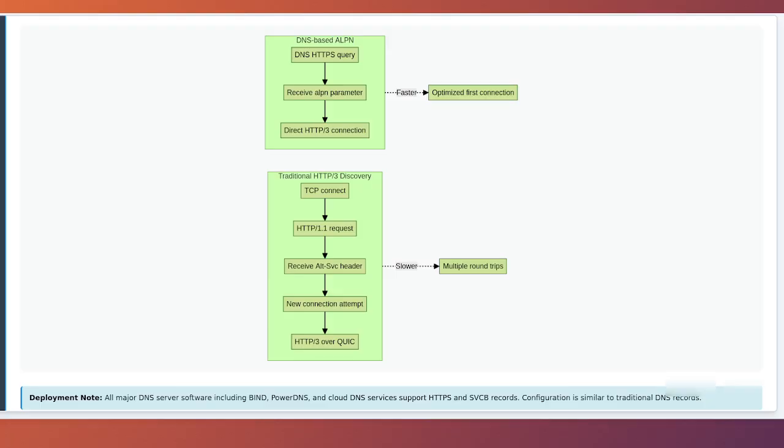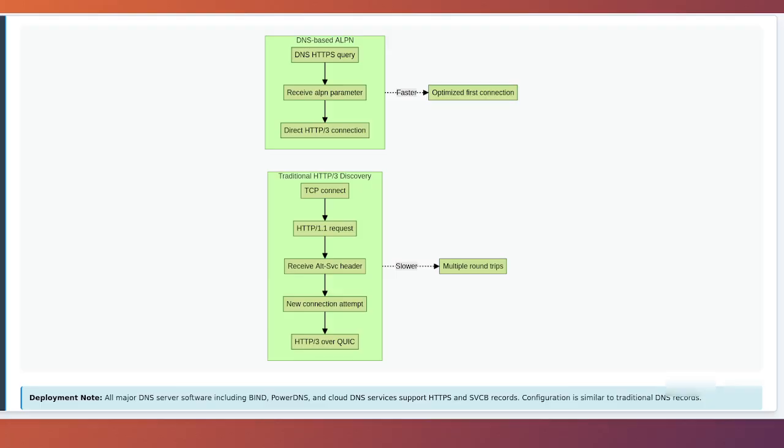The service parameters also enable advertising additional capabilities like encrypted client hello support, specific port numbers for different protocols, and connection hints that reduce additional DNS lookups. These features collectively reduce connection establishment time and improve the overall user experience, particularly on mobile networks where latency is often a significant factor.